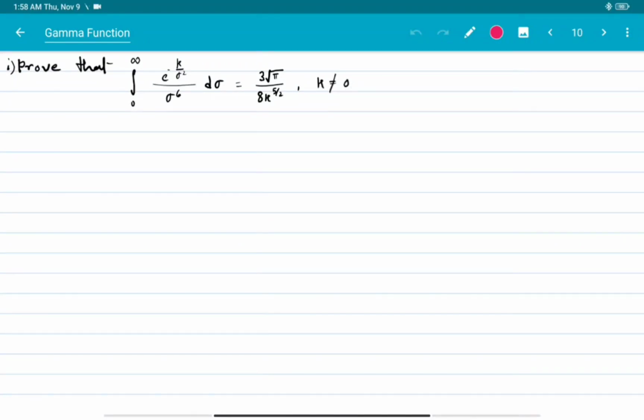So we'll substitute this part so that we can write this in a format like e to the power minus x, so that we'll implement the gamma functions here.